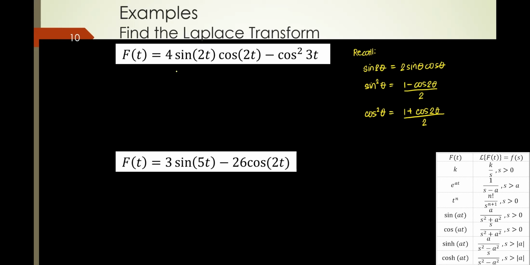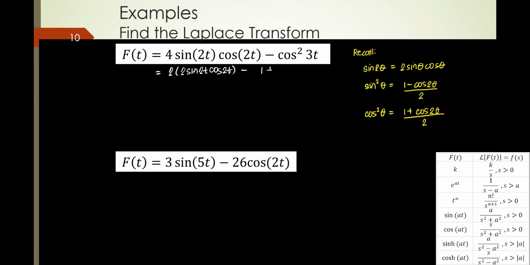So I can safely say that this one, upon simplification, is basically 2 times 2 sine 2t cosine 2t, right? This one, I don't have a square so far. But then cosine squared, I can say it's this one.